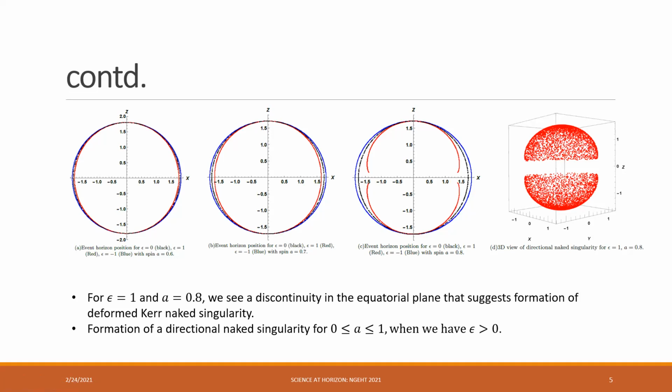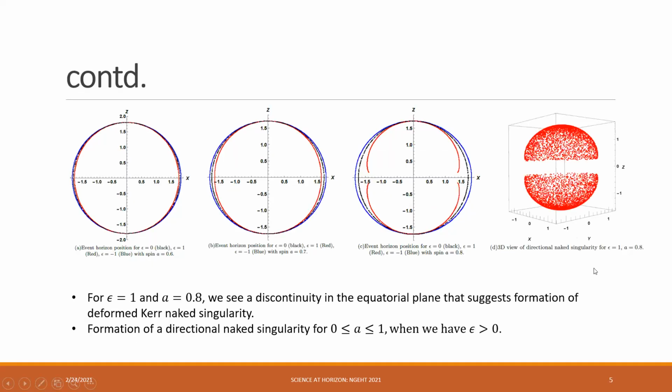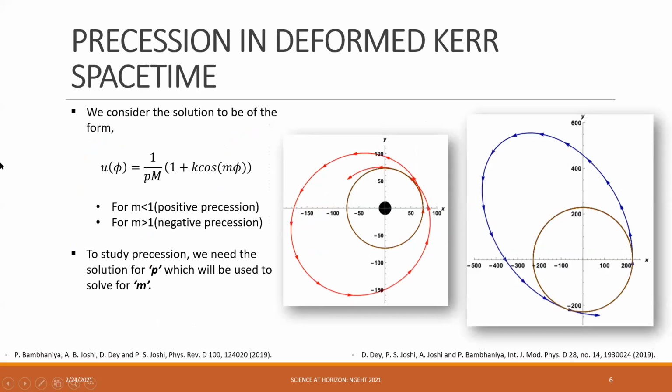The condition for which we observe the formation of a naked singularity, for which the spin parameter has to be between 0 and 1, is that epsilon has to be greater than 0. That is the condition for formation of a deformed Kerr naked singularity.